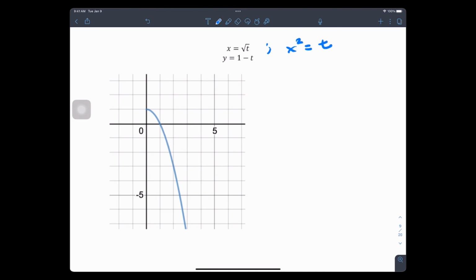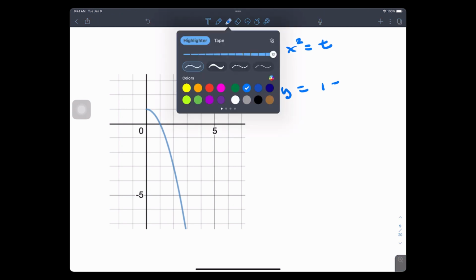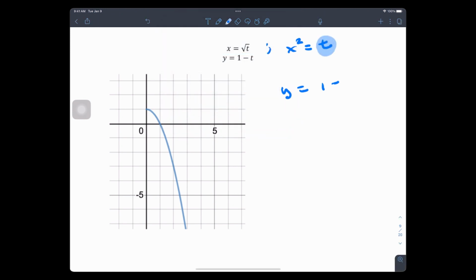Right? So what does that mean about y? Y will be 1 minus, this is my point to you. There's t. There's t. So let's substitute. Y is 1 minus x squared. So that's a parabola that looks like this. Is that true?